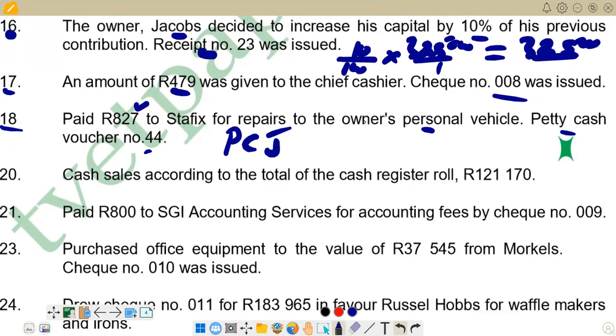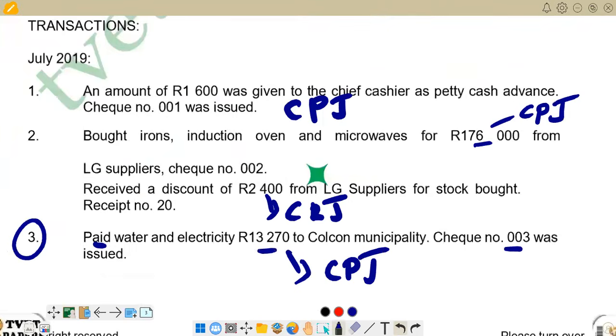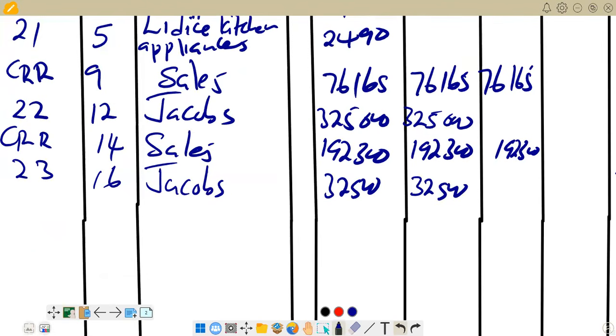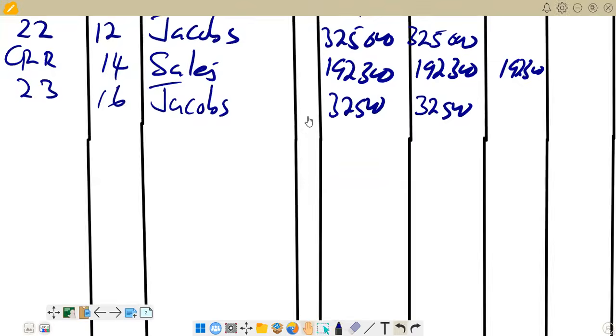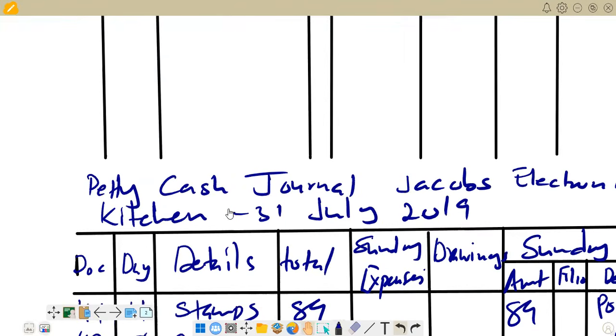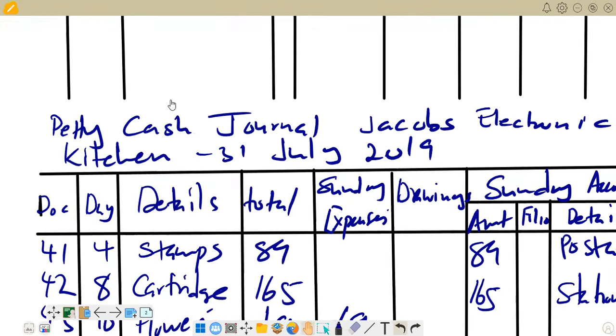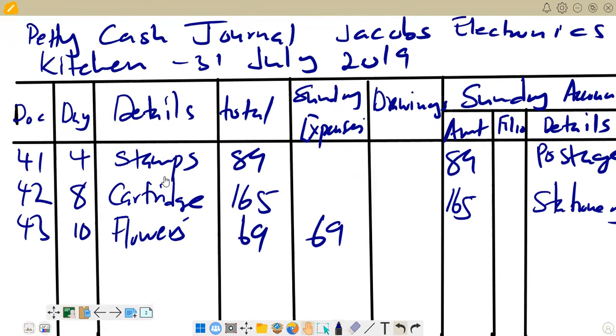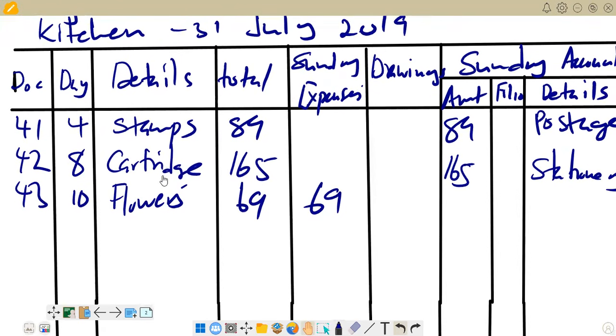So we go to the petty cash journal, which is down there, and put these ones here.